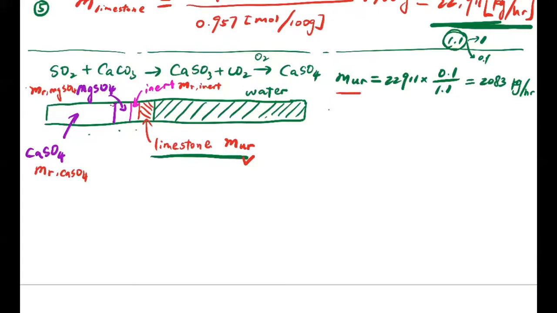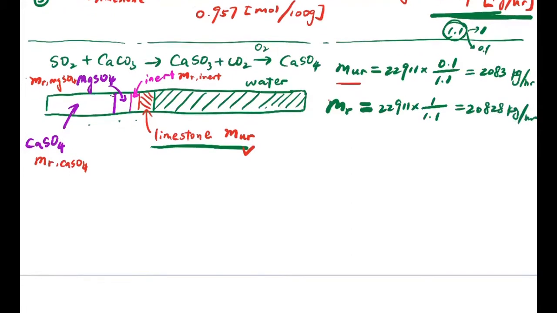So we can use a similar method and just multiply 22911 by 1 and divide by 1.1. Okay, so this is the reacted amount of the limestone, and that's going to be 20828 kilogram per hour. All right.